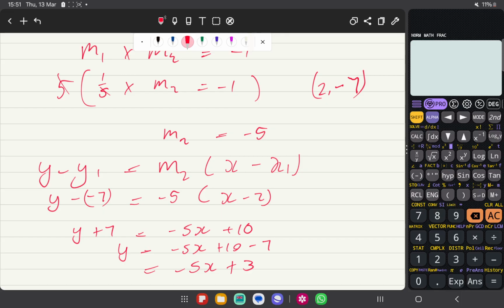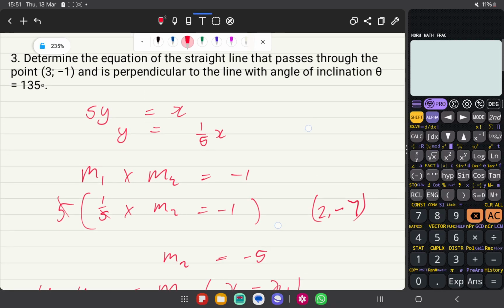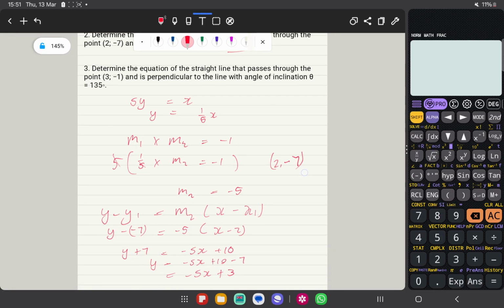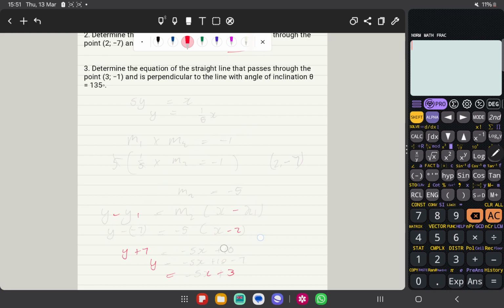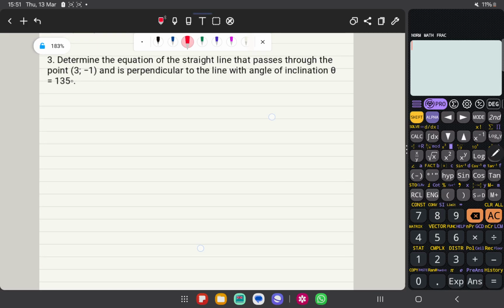Let's get on to the next one, the angle of inclination. Determine the equation of a straight line passing through the point 3 and minus 1 that is perpendicular to a line with an angle of inclination of 135 degrees.